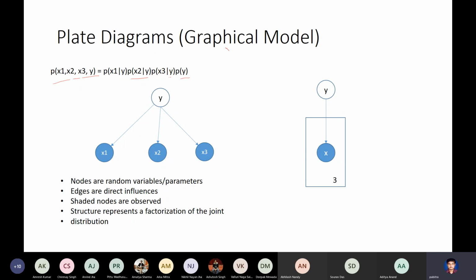So this plate model is nothing but a shorthand for this graphical model, and the graphical model is nothing but a visualization of the factorization of the joint distribution. I think this is pretty clear.